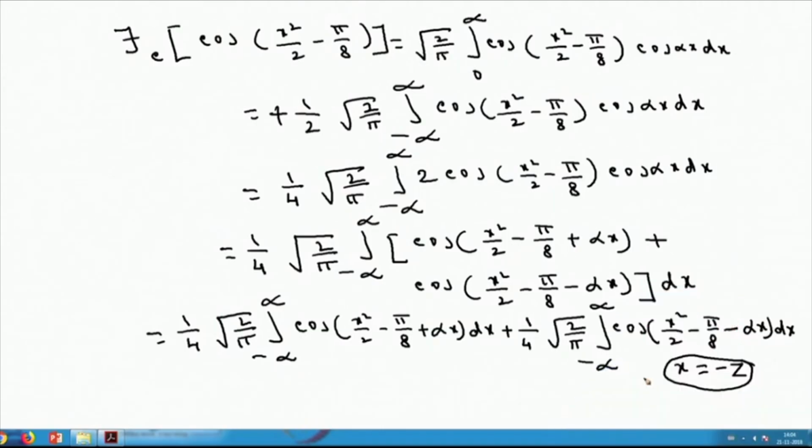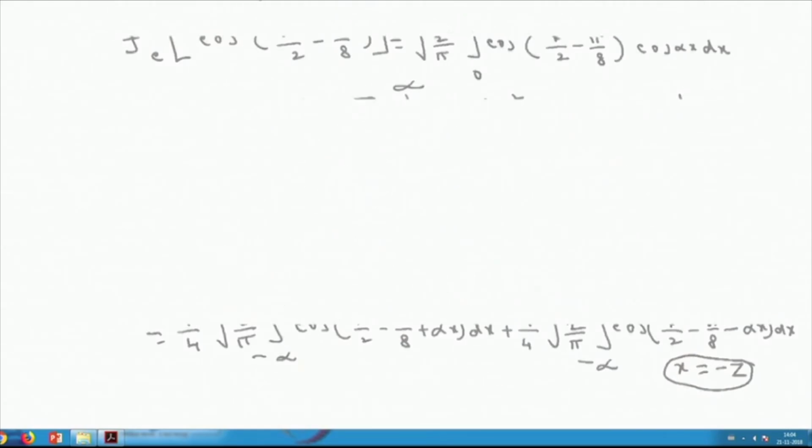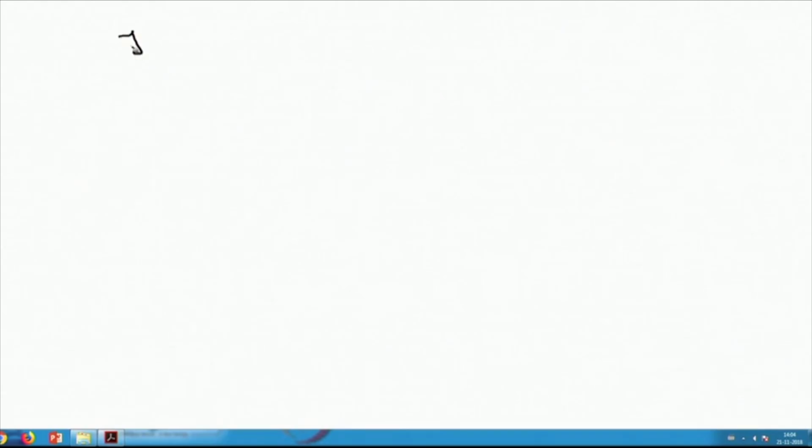So I am substituting x equals minus z here, and once I do, the second integral becomes the first integral. So you can write down the Fourier cosine transform of cos of x square by 2 minus pi by 8.